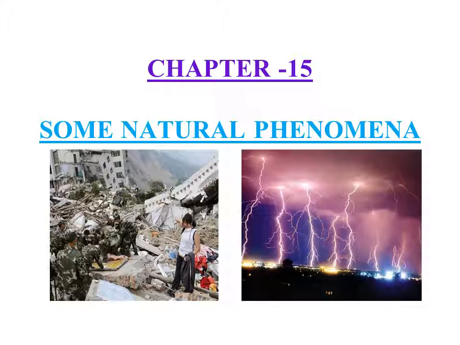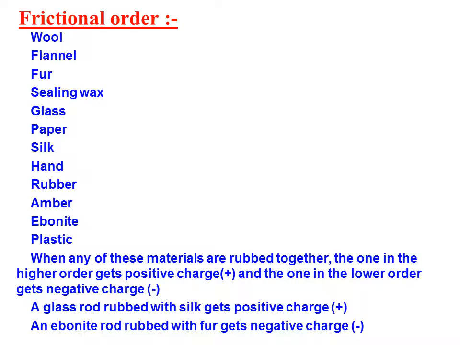charges. That means similar charges repel each other, and dissimilar charges attract each other. So we'll further discuss the charges. In our previous video we talked about the frictional order.